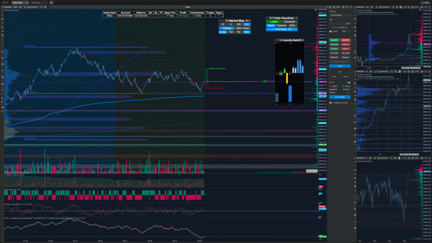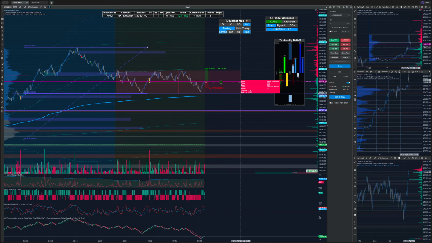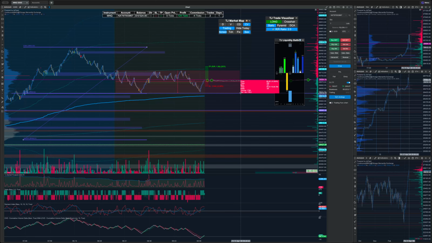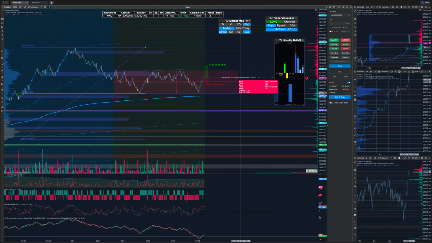There are a lot of movements happening now. We are still within the initial range, from here until here, still bouncing up and down in the initial range. And yeah, the market does what the market does.